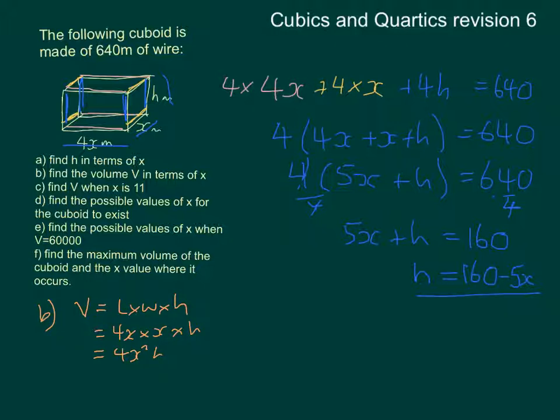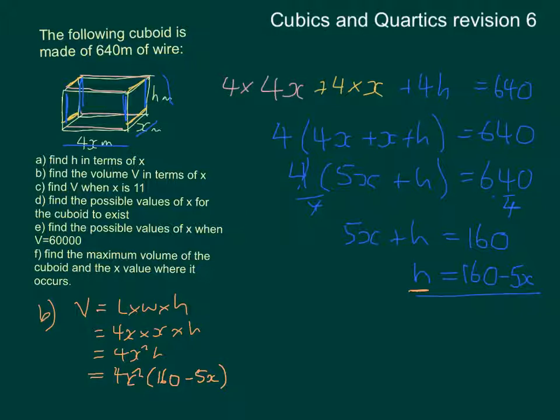But the question did say that we need to find it in terms of x, so we need to get that h out of there. What we're going to do is the h that we just found from over here, we substitute that. So we've got 4x squared, and where we see h, we'll substitute 160, take away 5x.